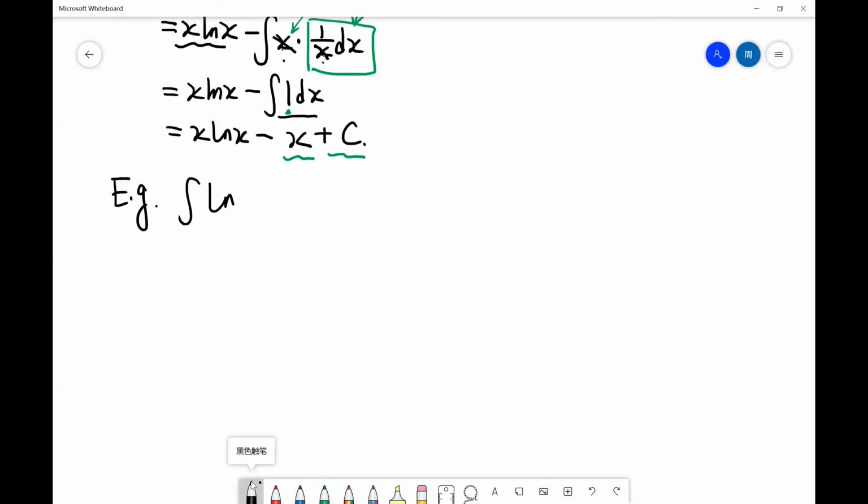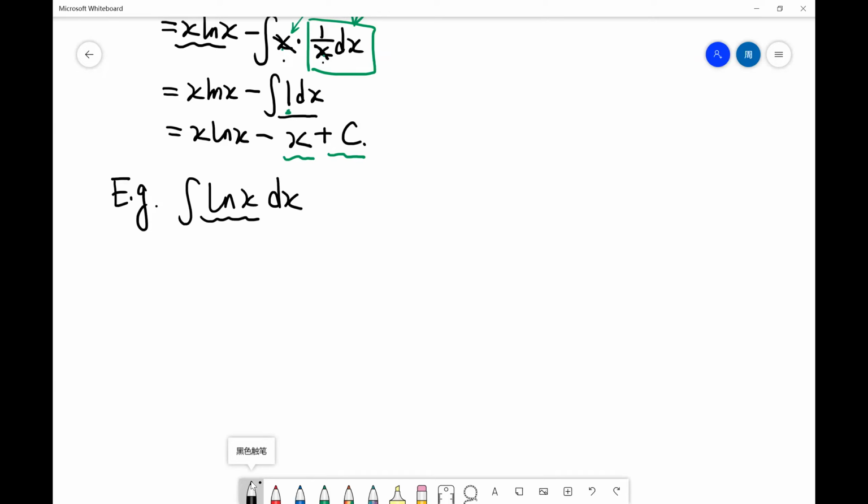For this example, it is actually very easy for us to choose which is u and which is v, right? Because we only have one function as the integrand. So that is definitely u here.